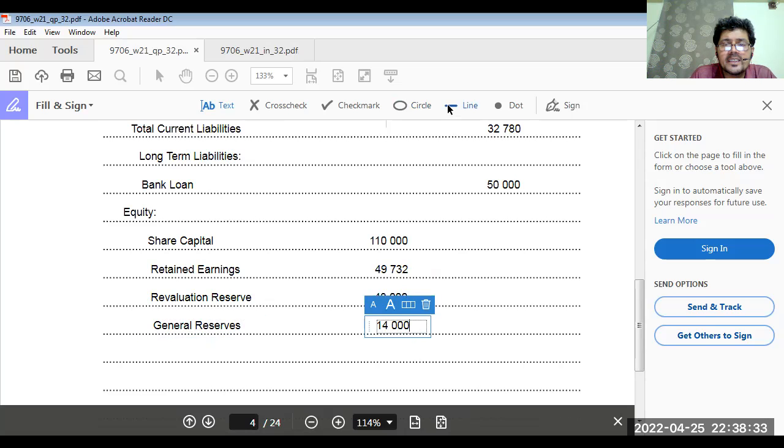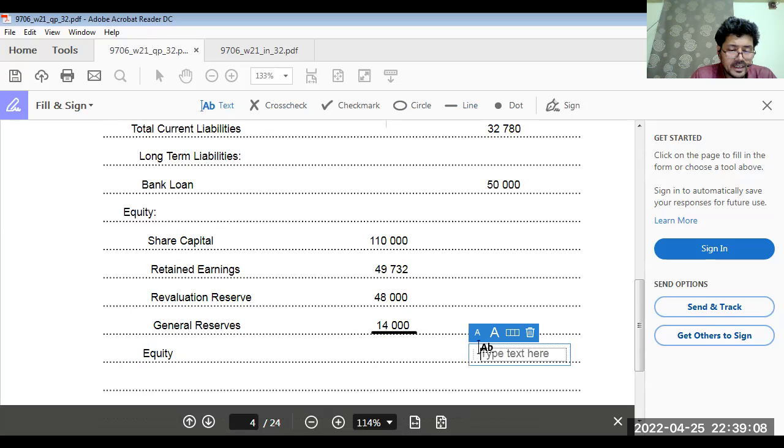Okay, so altogether equity is how much? Total equity is how much? 110,000 plus 49,732 plus 48,000 plus 14,000.